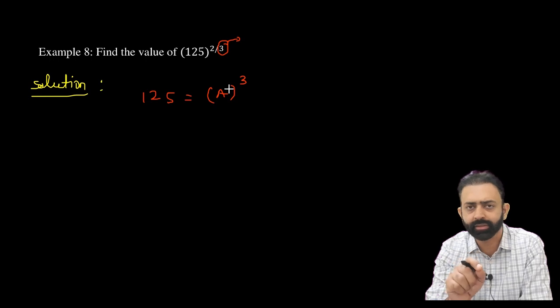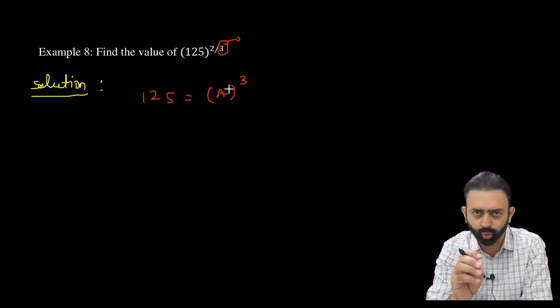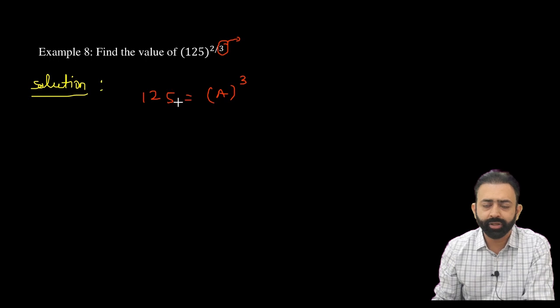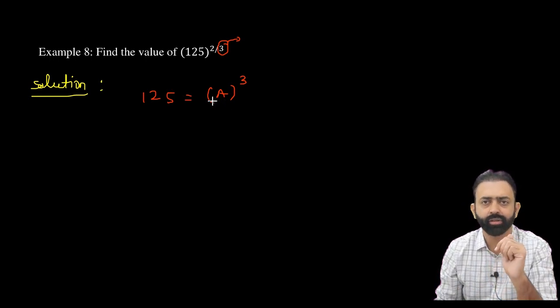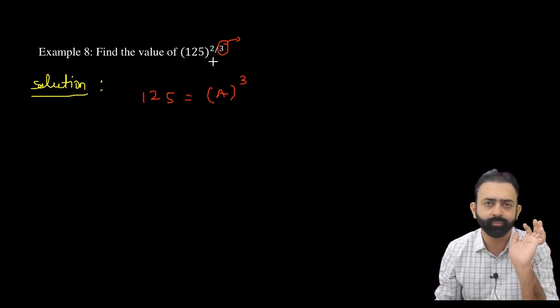It will get clear soon. This number 125 should be written with some base a and raised to the exponent 3, or whatever is in the denominator.